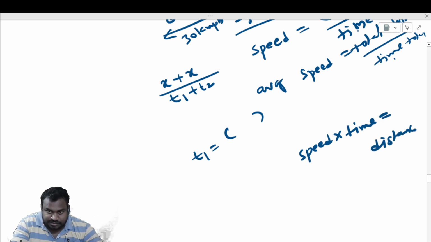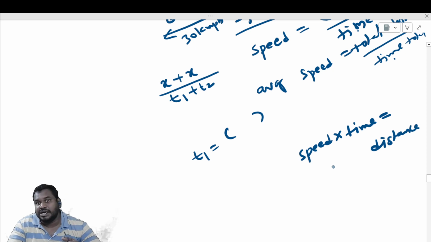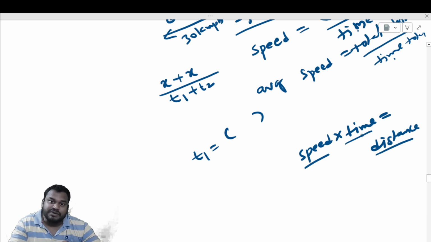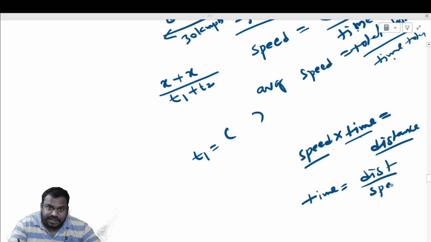For now, you remember this formula, because we'll cover it in detail in the topic time and distance. From this, time equals distance by speed.